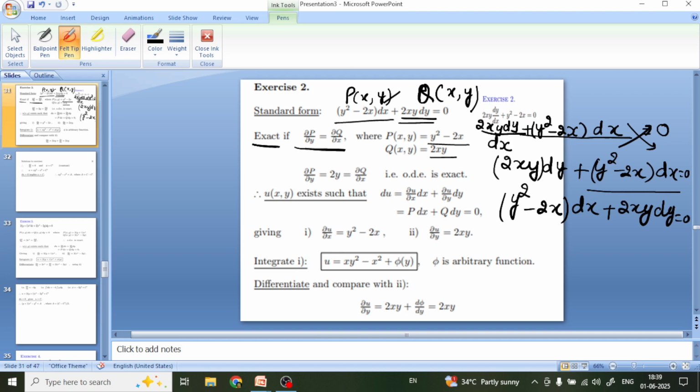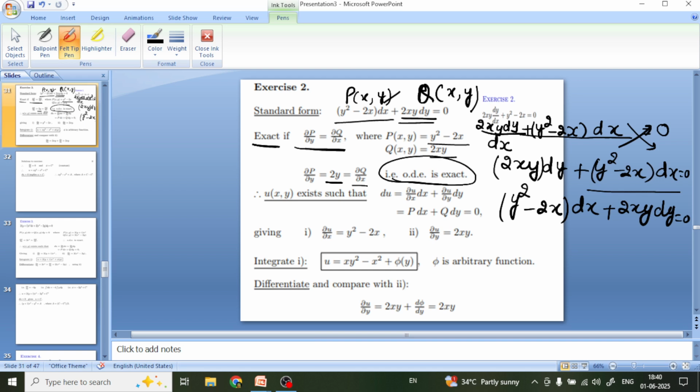After that, the partial derivative of P is 2y, since y² changes into 2y on partial derivative, and it is equal to the partial derivative of Q with respect to x, so the differential equation is exact.